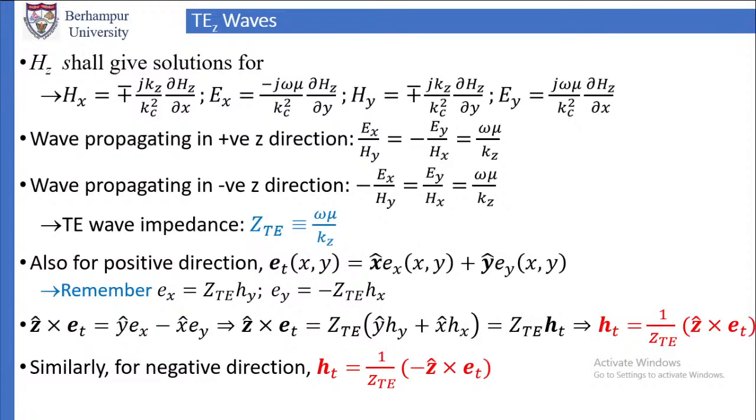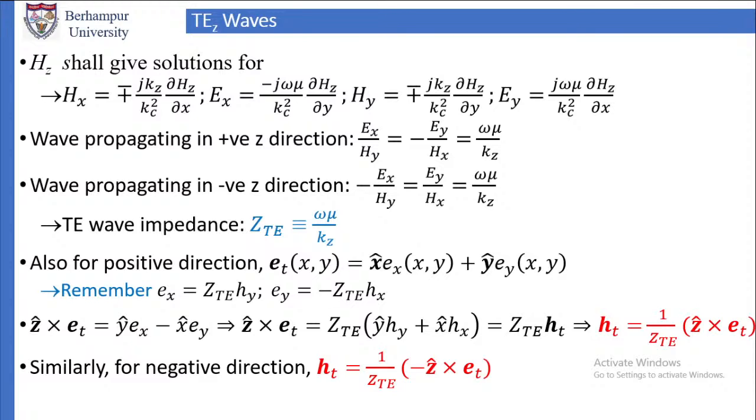Now, suppose the wave is propagating in the z direction. If the wave is propagating in the z direction, there can be two conditions. Either Ex field and Hy field exist because of the pointing vector. E cross H gives you the direction of propagation.